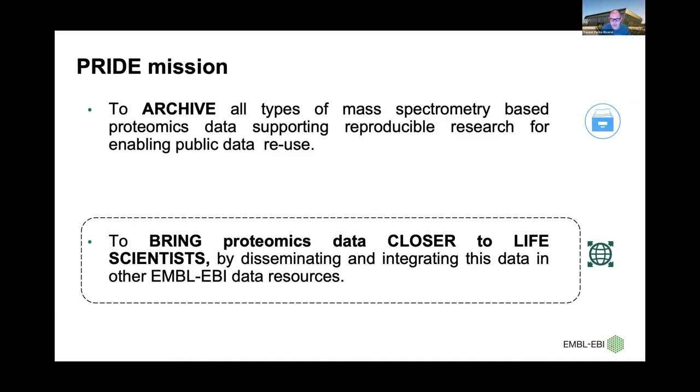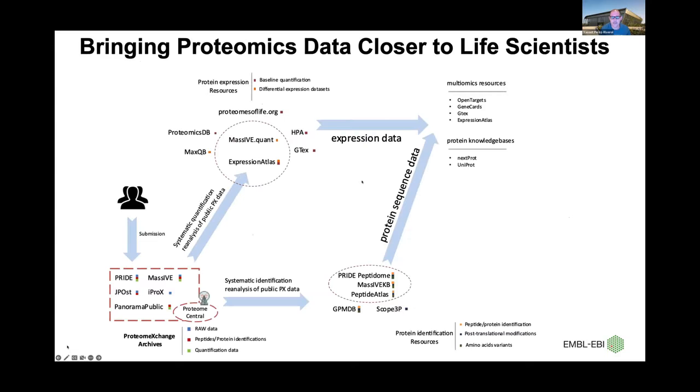The second mission is to bring that proteomics evidence and information into a more knowledge base, integrated with knowledge-based protein resources like UniProt, Ensembl, and Expression Atlas, and bring that knowledge to more biologists, not mass spectrometrists or experts in proteomics. And that's the second topic I will talk about briefly.